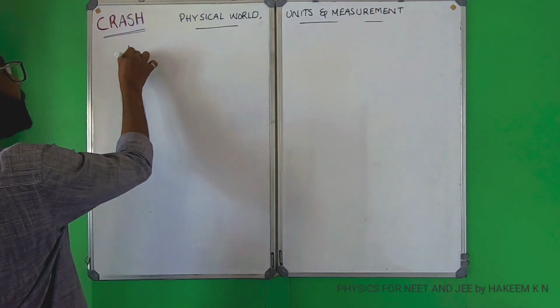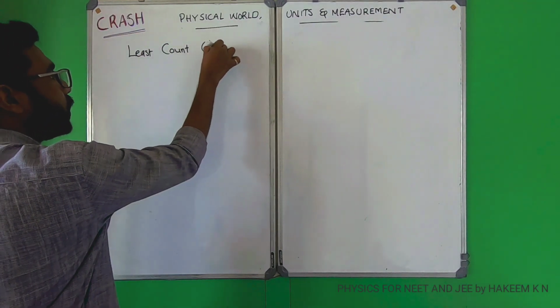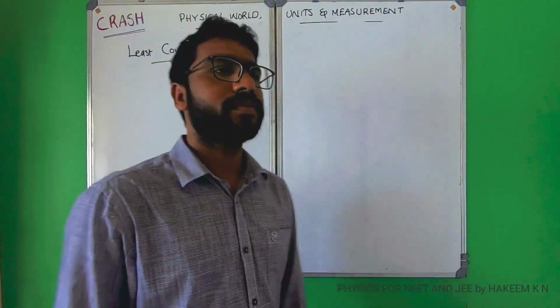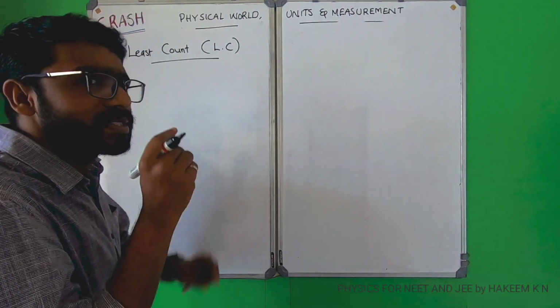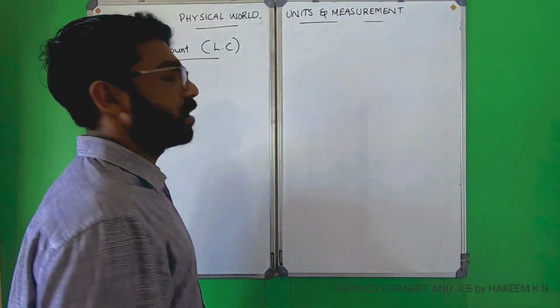Next, least count, LC. What do you mean by least count? Least count is the minimum value that can be measured using a device.